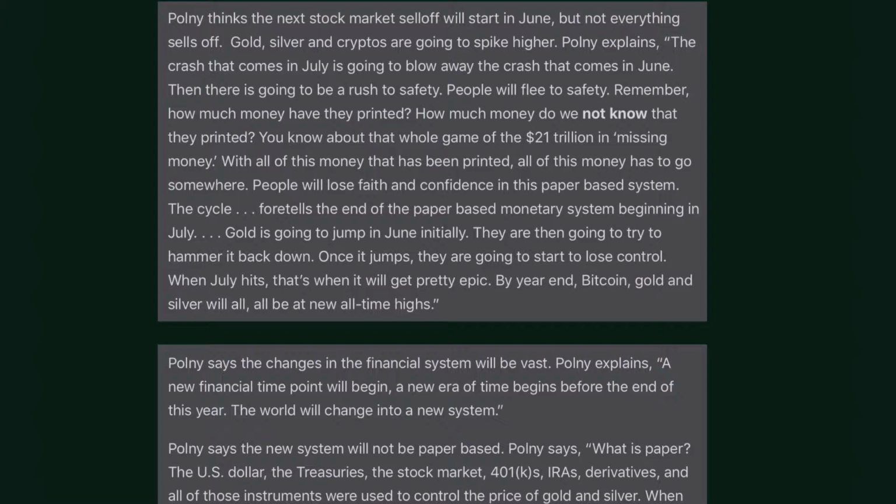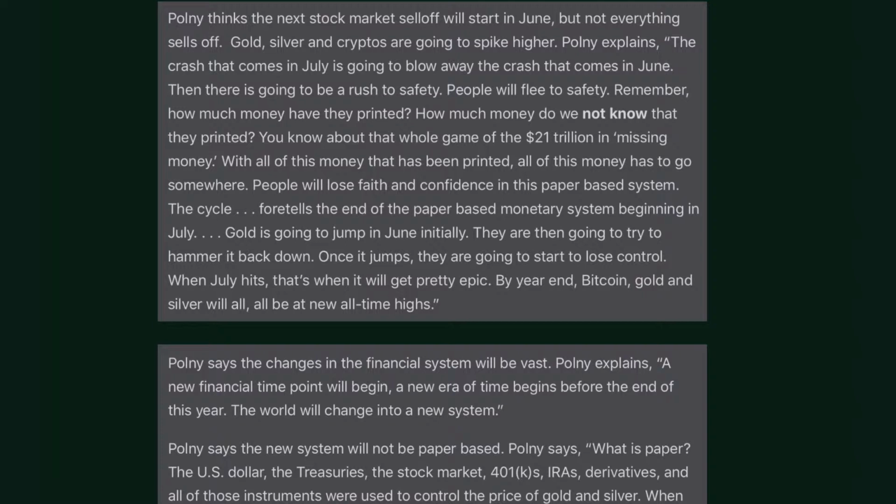Gold, silver, and cryptos are going to spike higher. Polny explains, quote, "The crash that comes in July is going to blow away the crash that comes in June. Then there is going to be a rush to safety. People will flee to safety. Remember, how much money have they printed? How much money do we not know that they printed?